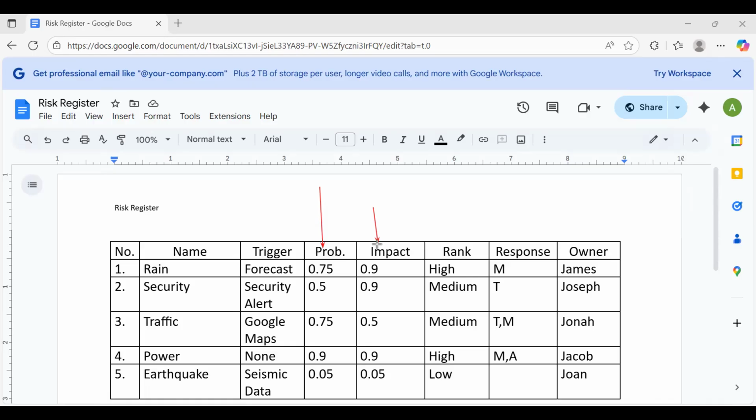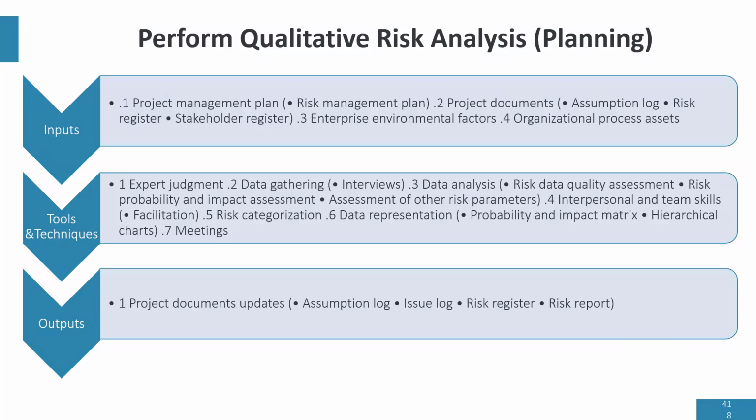It is asking subject matter experts to help you assess probability and impact. So that's exactly what we mean by probability and impact assessment.